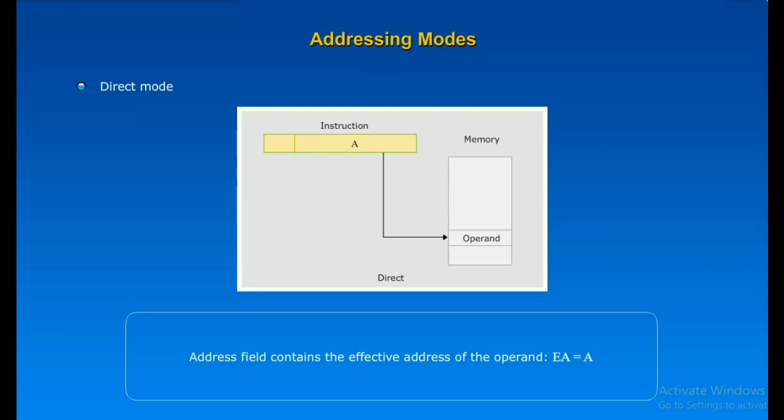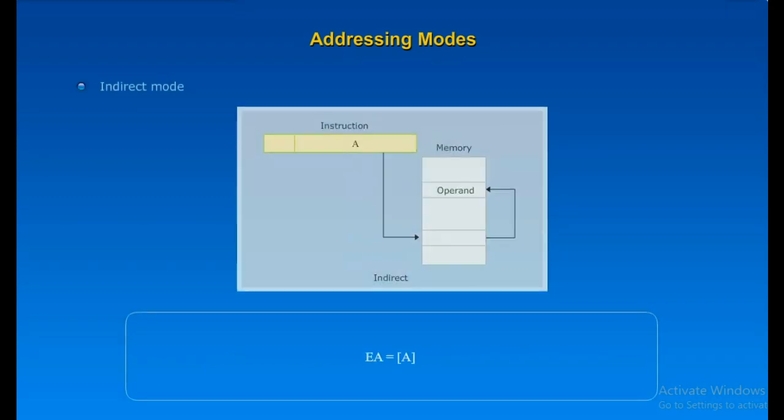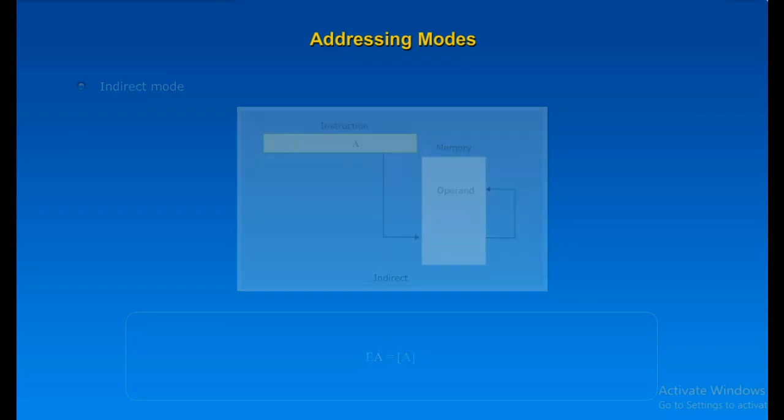EA is equal to A. With direct addressing, the length of the address field is limited in address range. One way is to have the address field refer to the address of a word in memory, which in turn contains a full-length address of the operand. This is known as indirect addressing. EA is equal to [A].